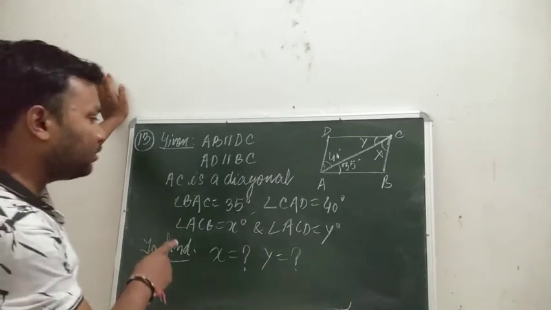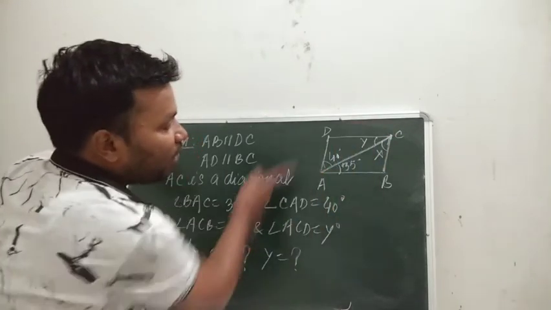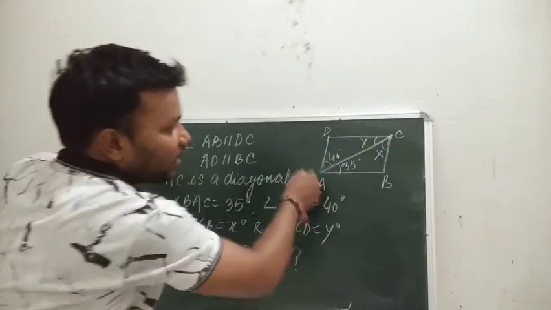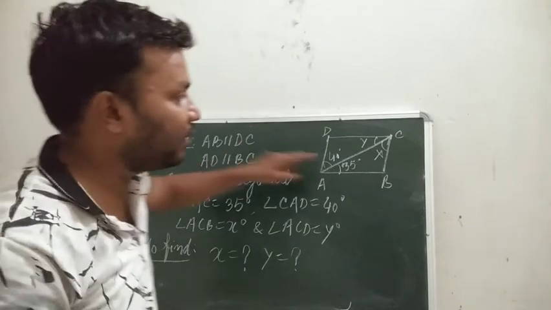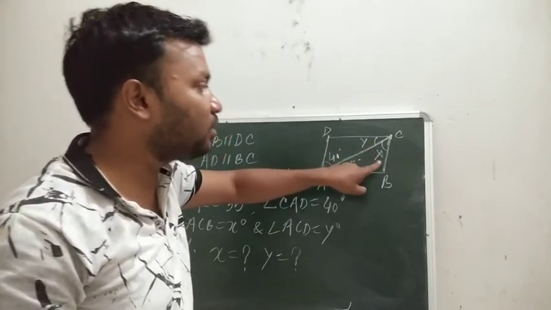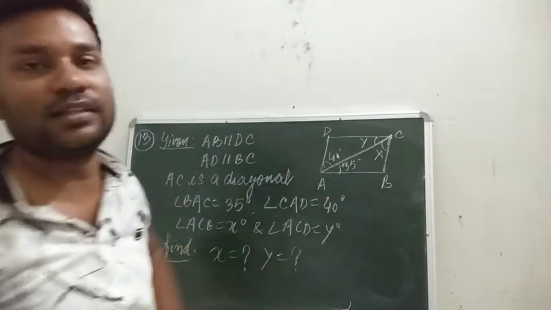The value of angle BAC is equal to 35 degrees, and the value of angle DAC or CAD is equal to 40 degrees. And what we have to find in this question? We have to find the value of these two angles which are given as variables.